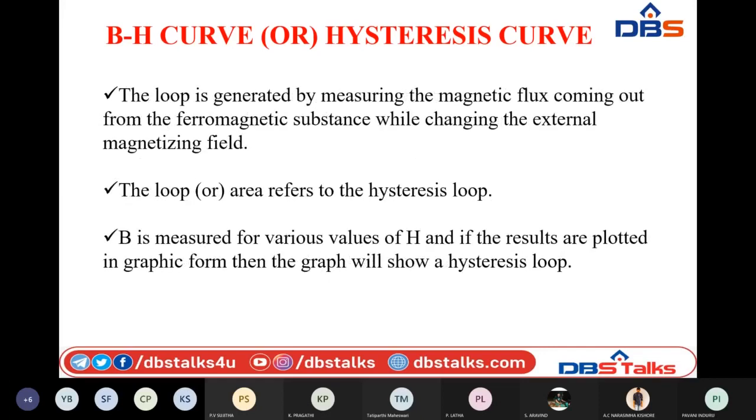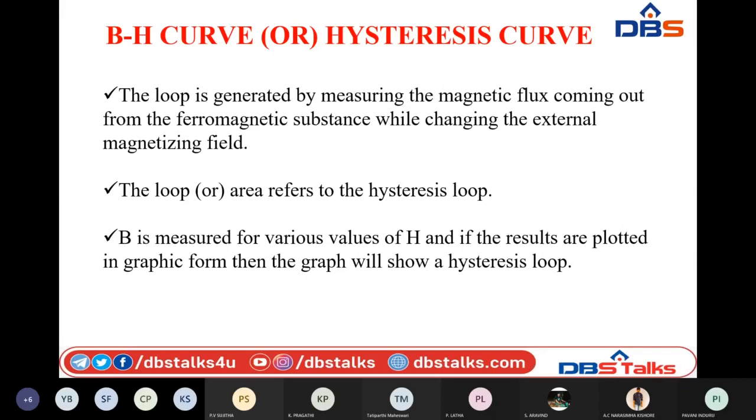So how do we draw this BH curve? In order to draw the BH curve, we need to calculate the magnetic flux density for the applied magnetizing force. Whenever we note the values at different instants, it is possible to draw the BH curve. The loop is generated by measuring the magnetic flux coming out of the ferromagnetic substance while changing the external magnetizing field.